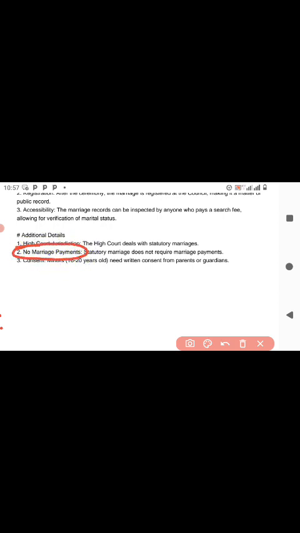Now, let's talk about this very interesting issue here, payments. When you are getting married under statutory marriage, it is not required by law to make any payments. So statutory marriage does not require marriage payments. But in a country like Zambia, where things are mixed with some culture, traditions, you find that you do both statutory and customary.